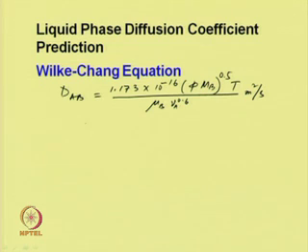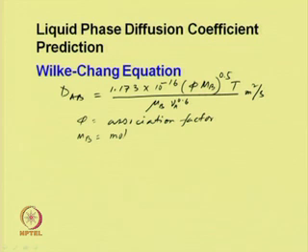Phi is the association factor. Mb is the molecular weight of solvent B. And T is the temperature in Kelvin.